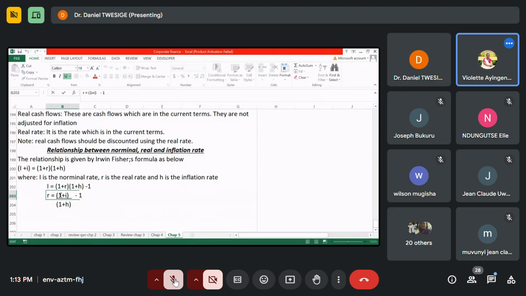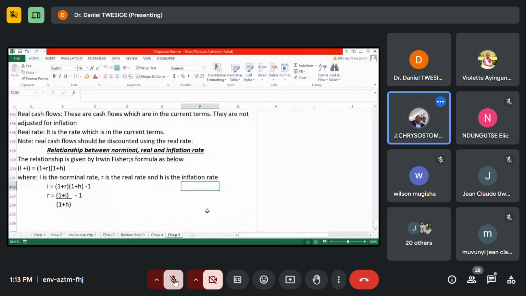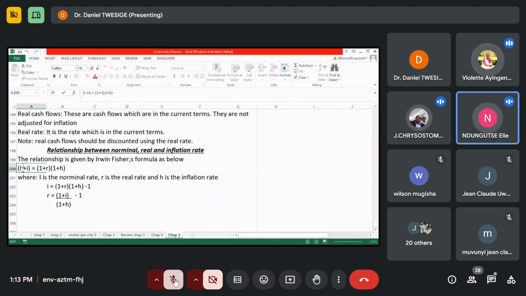This one? It is 1, not I. Both are formulas for getting the nominal rate: 1 plus the real rate times 1 plus the inflation rate. Okay, it is 1, not I. Thank you.